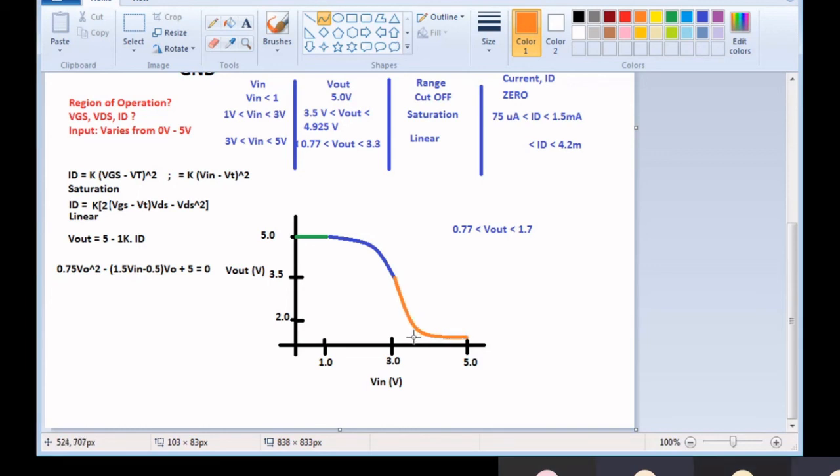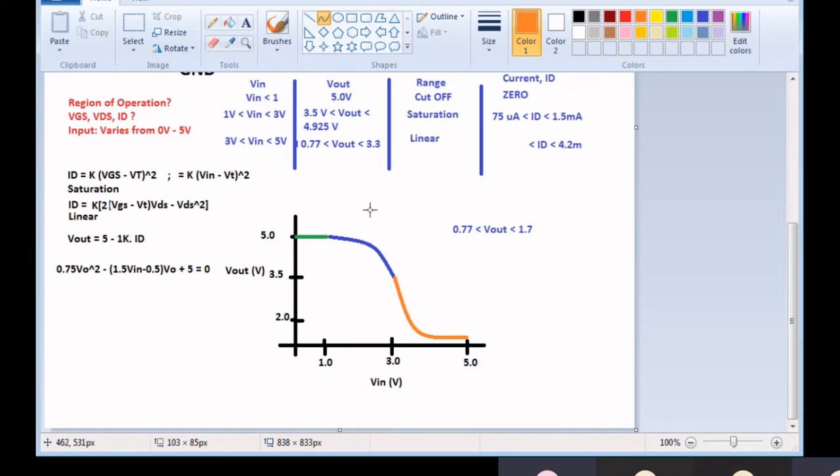For the saturation region, I think we can. Why can we not, at those particular values of voltage we have been given? See, in the saturation region, my voltage is at 1 volt, V out is 4.925.